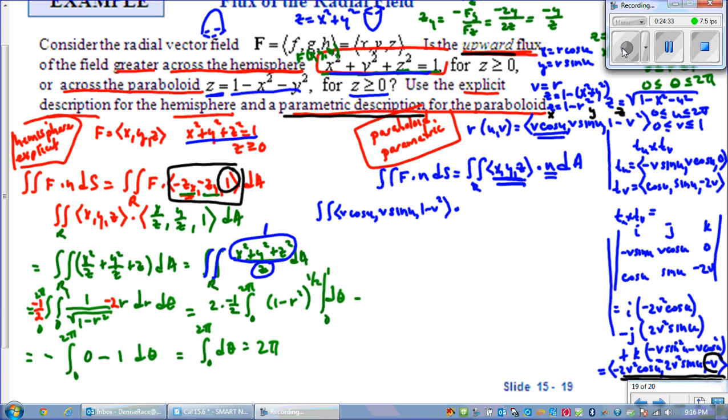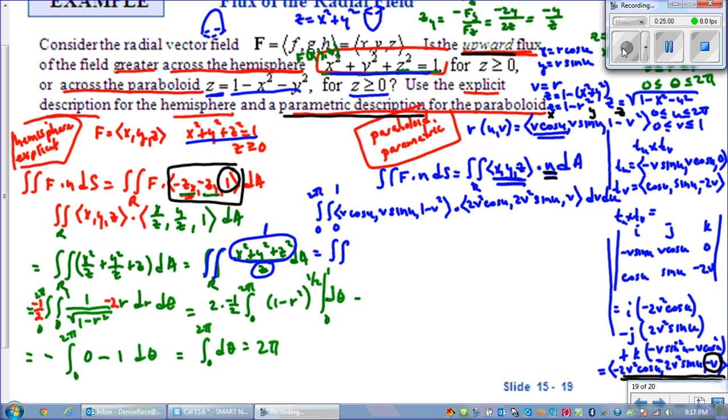This minus v indicates that it's downward. So for the n, we need to take the negative of that vector. So we'll have 2v squared cosine u, 2v squared sine u, positive v. And now we'll go ahead and set the order. Let's do dv, du. Our v goes from 0 to 1, and our u goes from 0 to 2 pi.